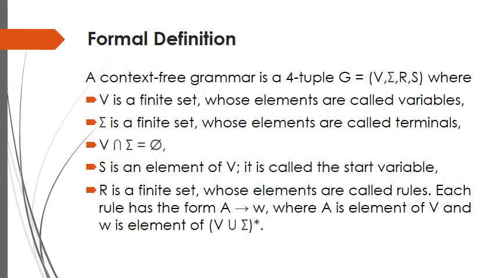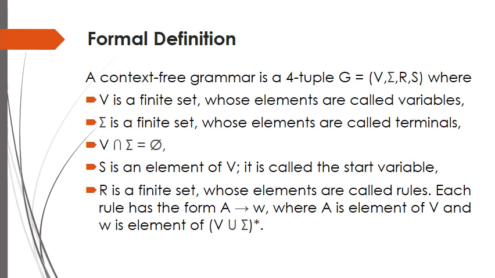Formal definition. A context-free grammar is a four-tuple G equals (V, Σ, R, S), where V is a finite set whose elements are called variables. Σ is a finite set whose elements are called terminals. For this lecture note, the intersection of V and Σ must be the empty set.